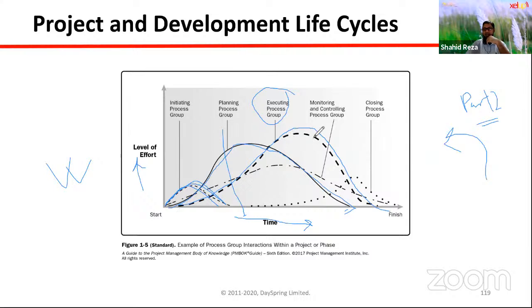Execution is the maximum effort we are providing. And monitoring and control, see, it starts at the beginning and finishes at the end. And closing starts here and finishes here. So this is the general picture of the 5 process groups and how much level of effort we need to provide in each.